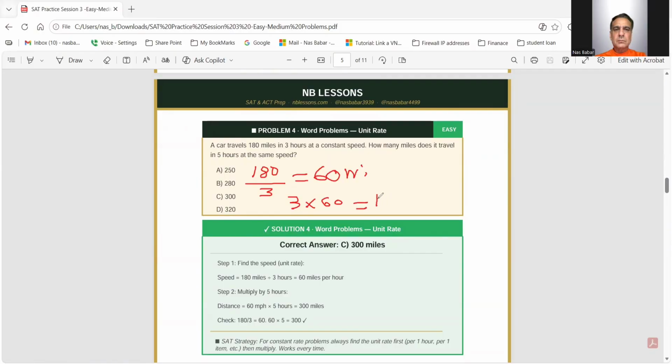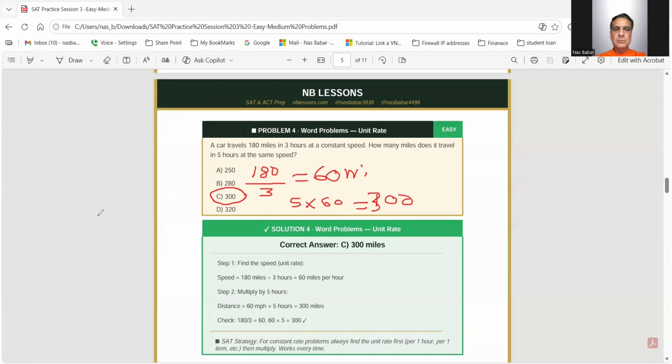Sorry, 5 hours. They want to find out the 5 hours, not 3 hours. My apologies. So then you have 5 multiplied by 60. That is going to be 300, my friends. So the answer is 300 miles, which is going to be D right here. Sorry, C right here.